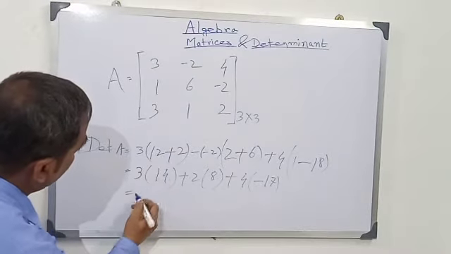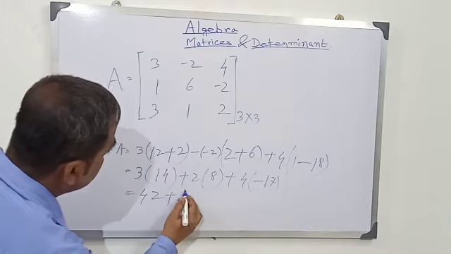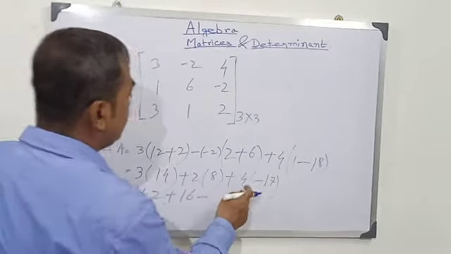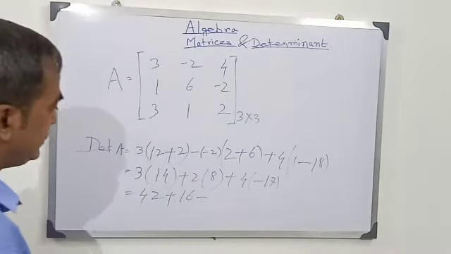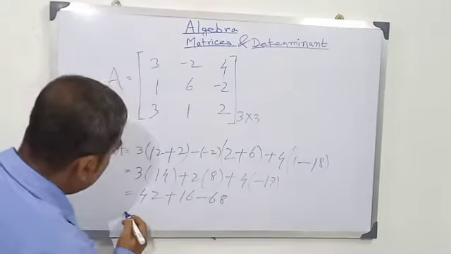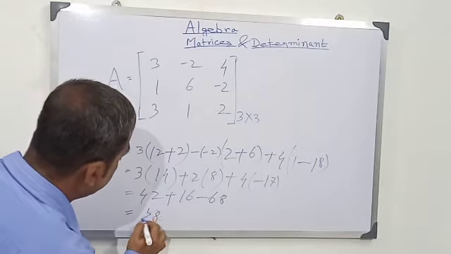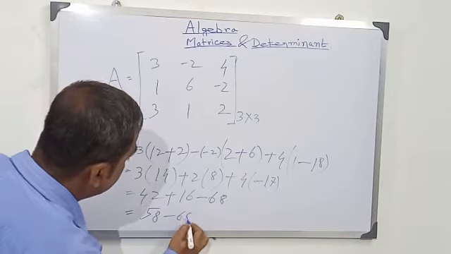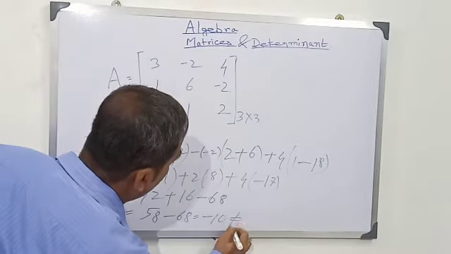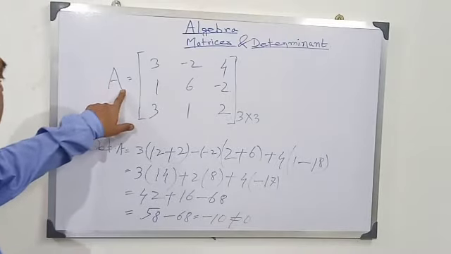Now 3 into 14 is 42. This is your 16 and this is minus 4 into 17, that is 34 into 2 is 68. Now this is 58 minus 68 is equal to minus 10, and that should be not equal to 0 if I want to find out the A inverse.